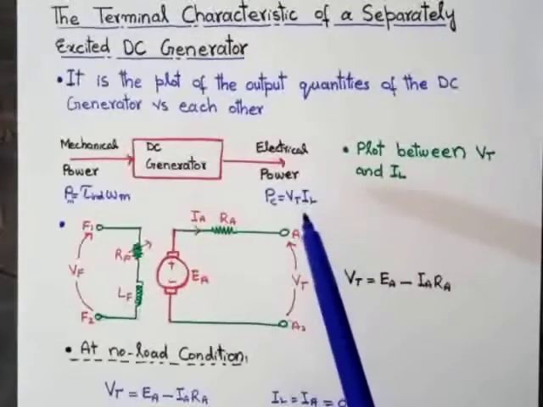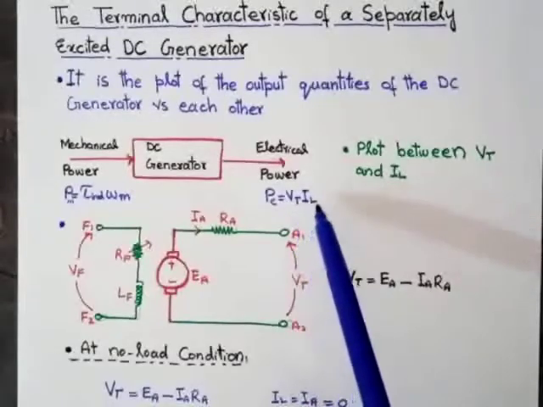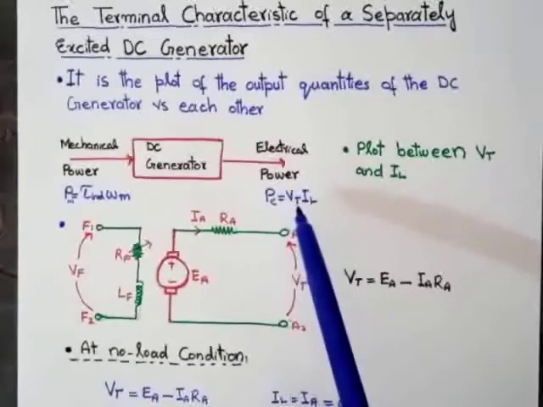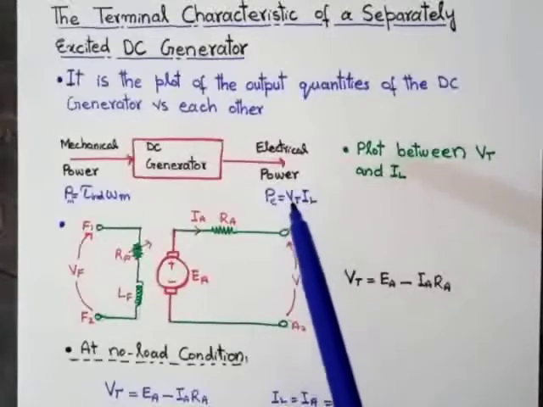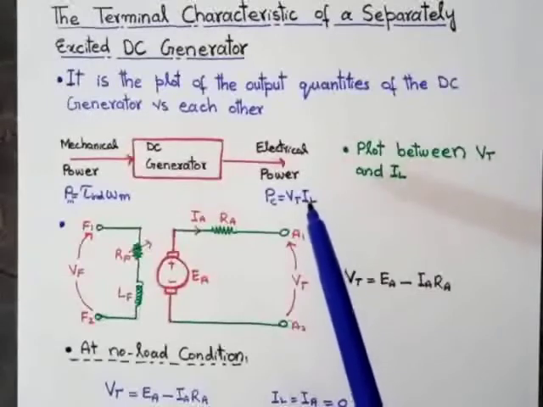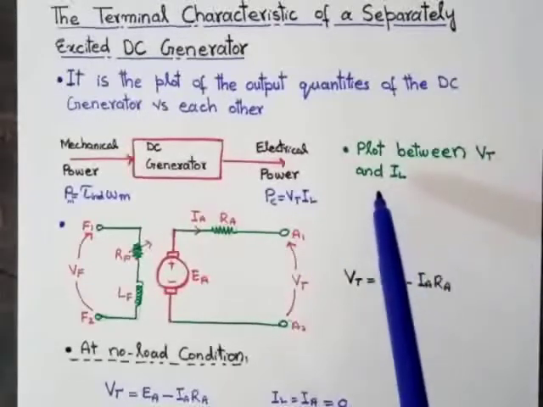So it will be plot between terminal voltage and line current. That is, the terminal characteristic of a separately excited DC generator is the plot between terminal voltage and line current.